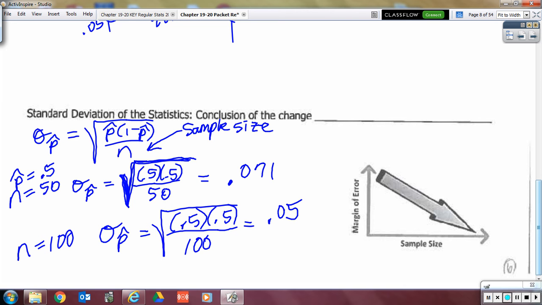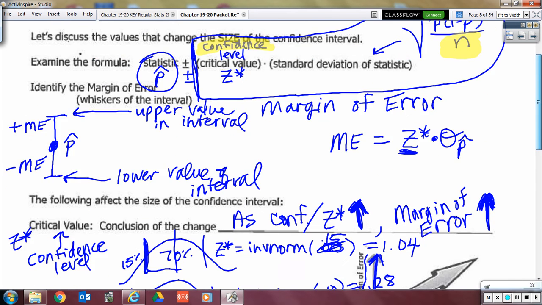Got it. So as the sample size went up, what did that first change? Sample size going up changes the standard deviation. And it makes the standard deviation go what? Smaller. You are less varied. Okay, good. Now my question is, how does that affect the whiskers? Well, let's look.